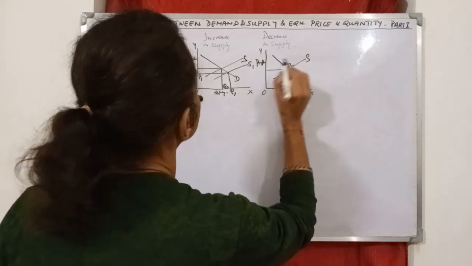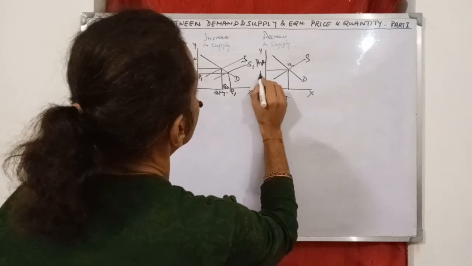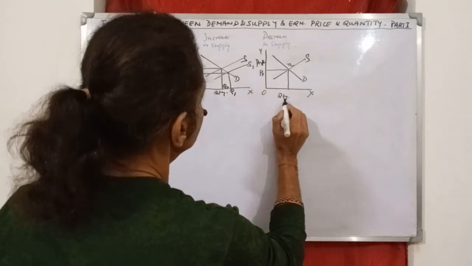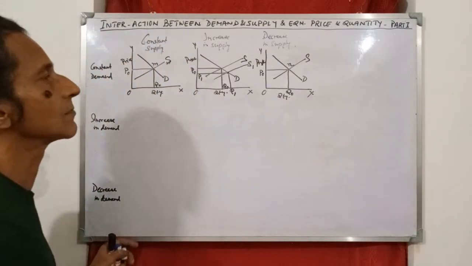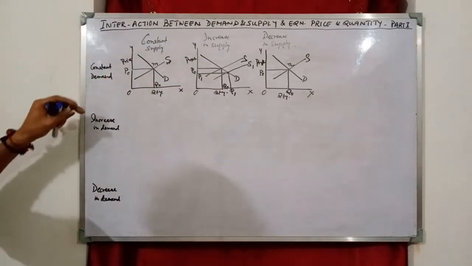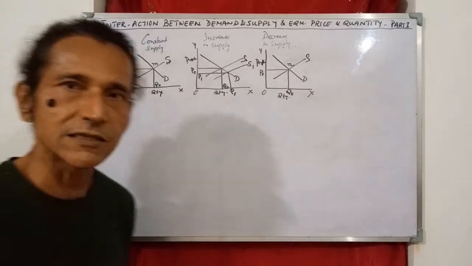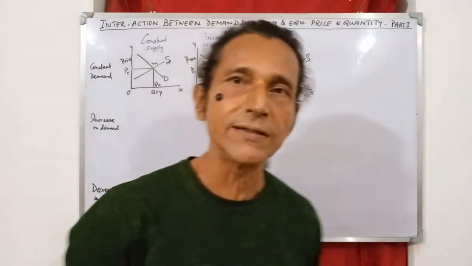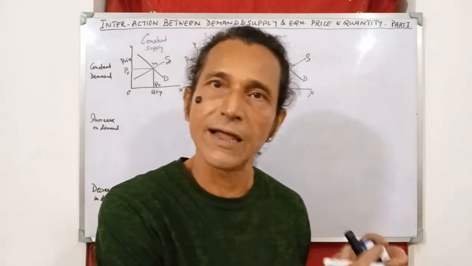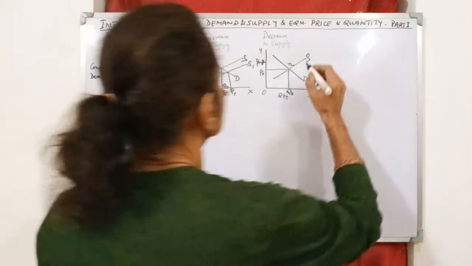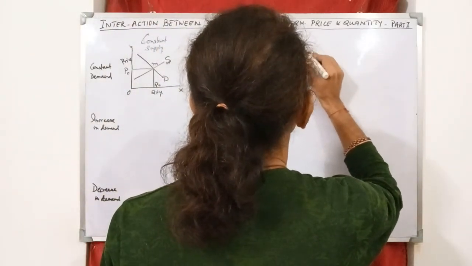Say this is N. So equilibrium price is P sub O and equilibrium quantity is Q sub O. Now demand is remaining constant and supply is decreasing. When there is a decrease in supply, the supply curve will move towards left. So let the new supply curve be S1.